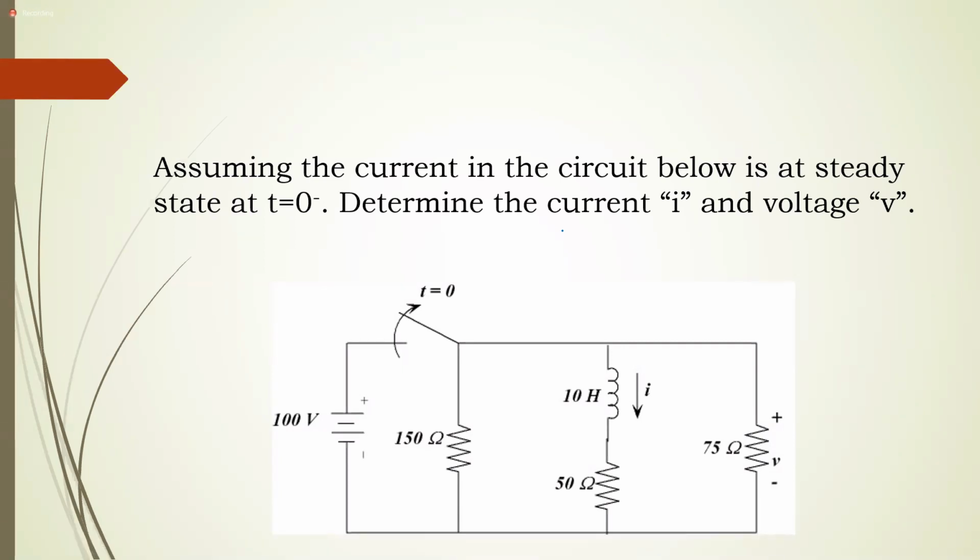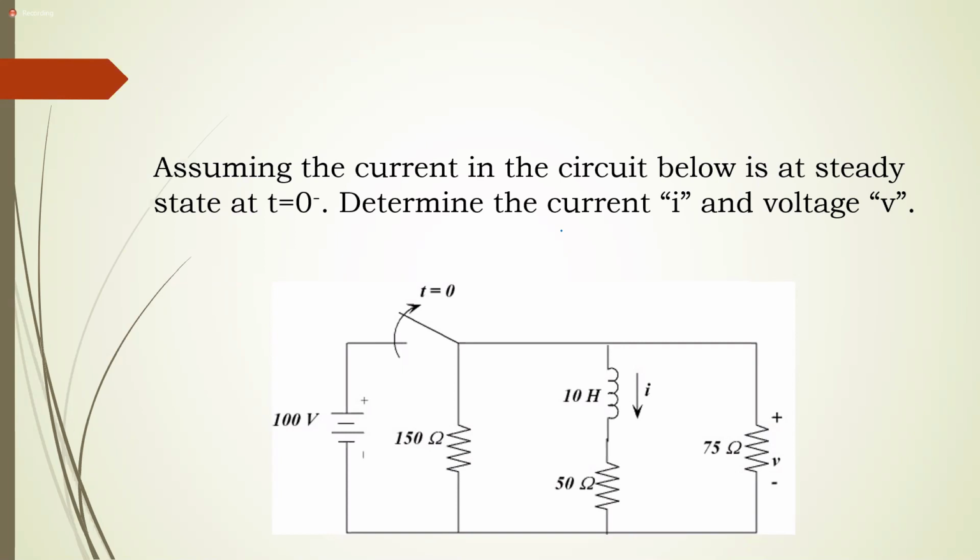All right. So what would the inductor represent at this stage? It would represent a short circuit. Absolutely. Good. So it will be the reverse of the capacitor, right? Yes, sir. Okay. So you have a short circuit.